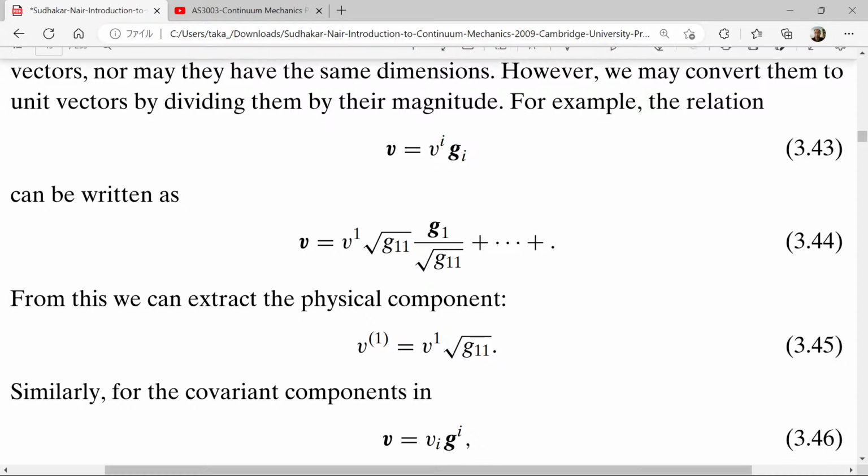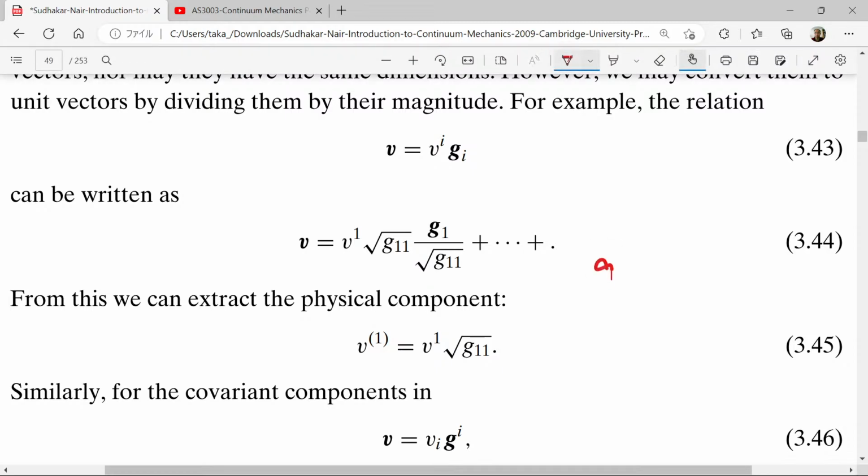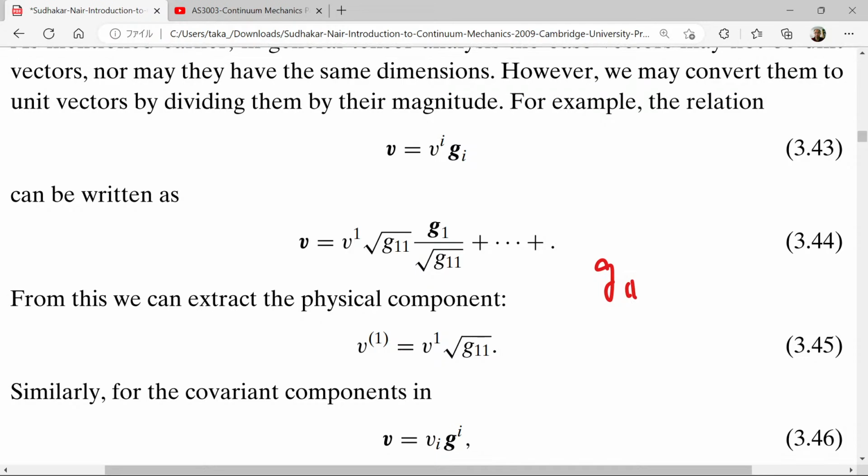What is this, is a question, right? What is G11? What is G11? Very strange. Then he says this equals this to be V1.